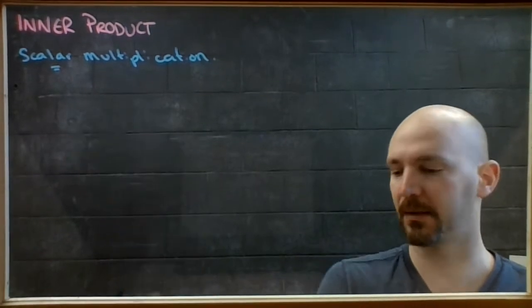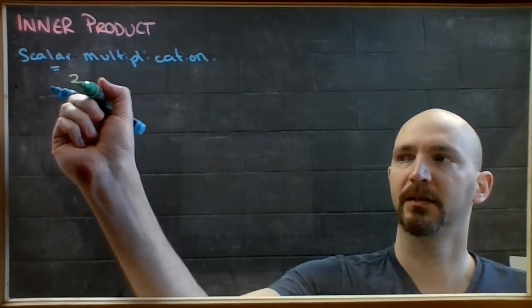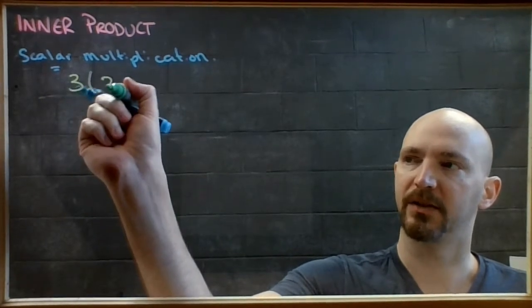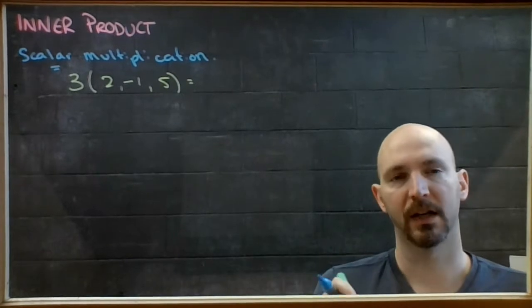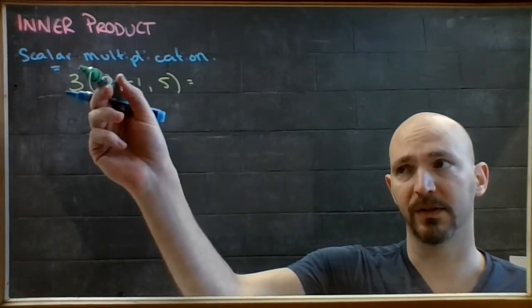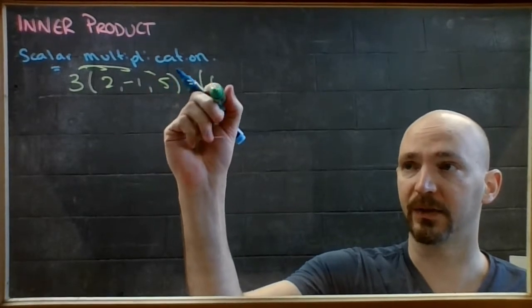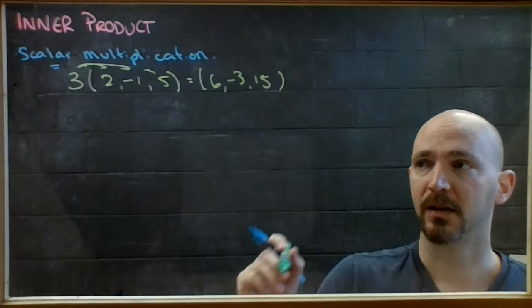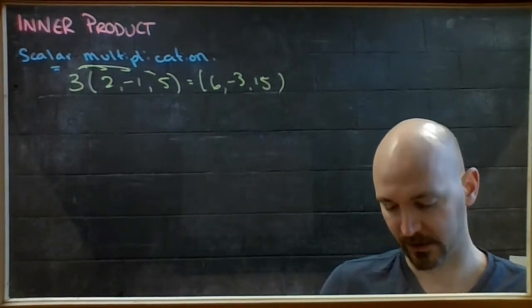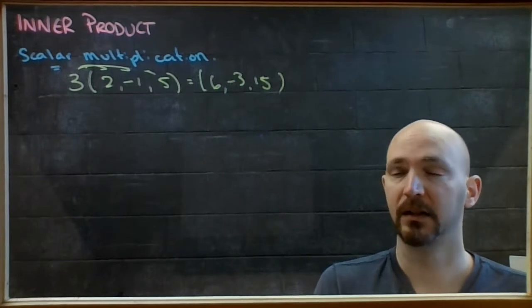That might look like 3 multiplied by (2, -1, 5). All you had to do there was triple all 3 of the coordinates and get (6, -3, 15). That's a scalar multiplication because you're just throwing a single number into the bracket.